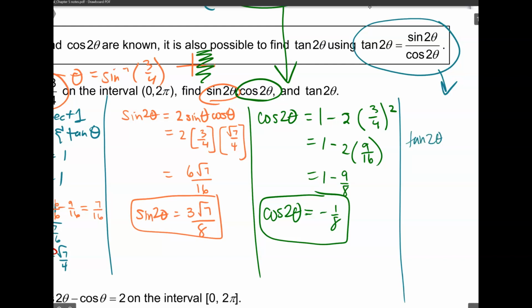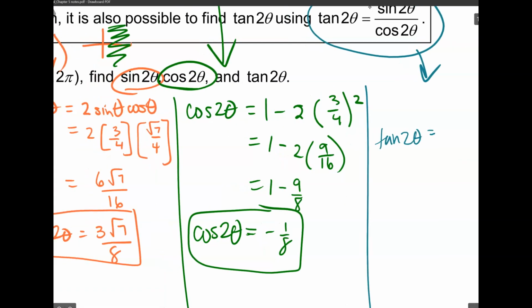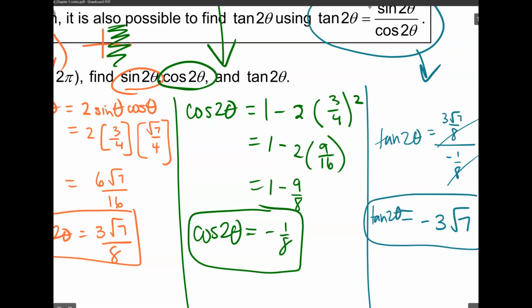So tangent of my double angle is going to be 3 root 7 over 8 all over negative 1/8. Wonderful.